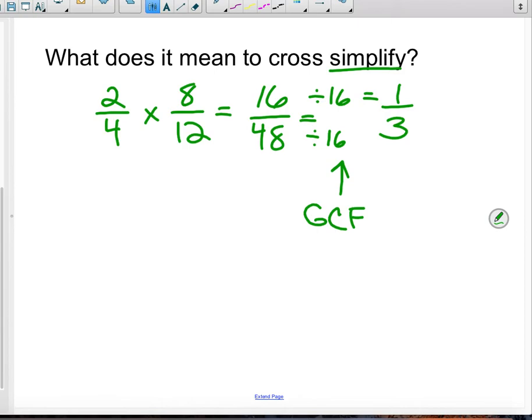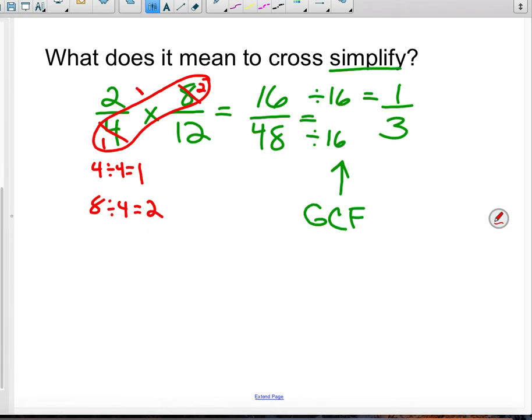Well, when you cross simplify, you could say to yourself, well, 8 and 4 are compatible. 4 divided by 4 equals 1, so we can make that 1. 8 divided by 4 equals 2, so we can make that 2.